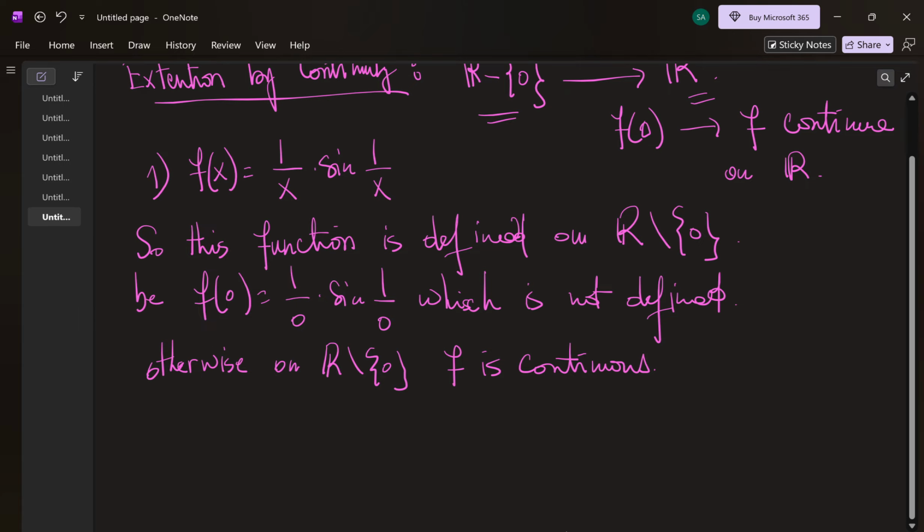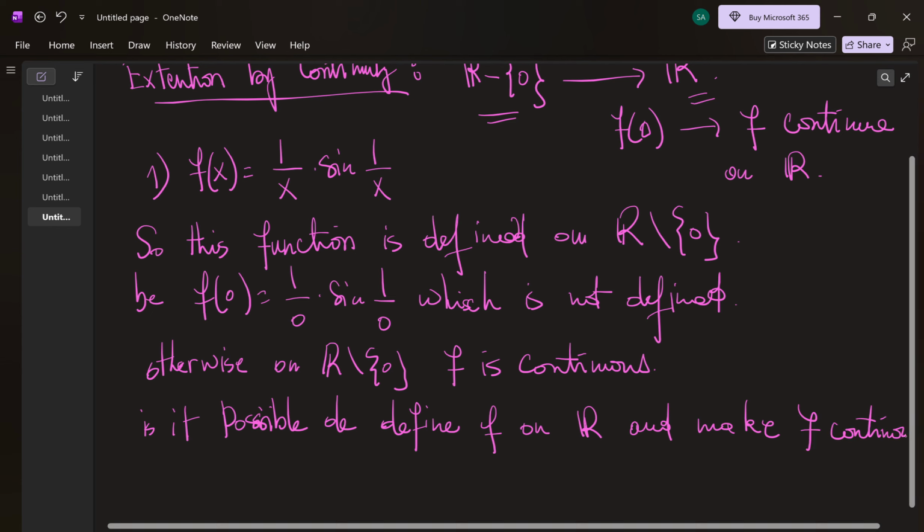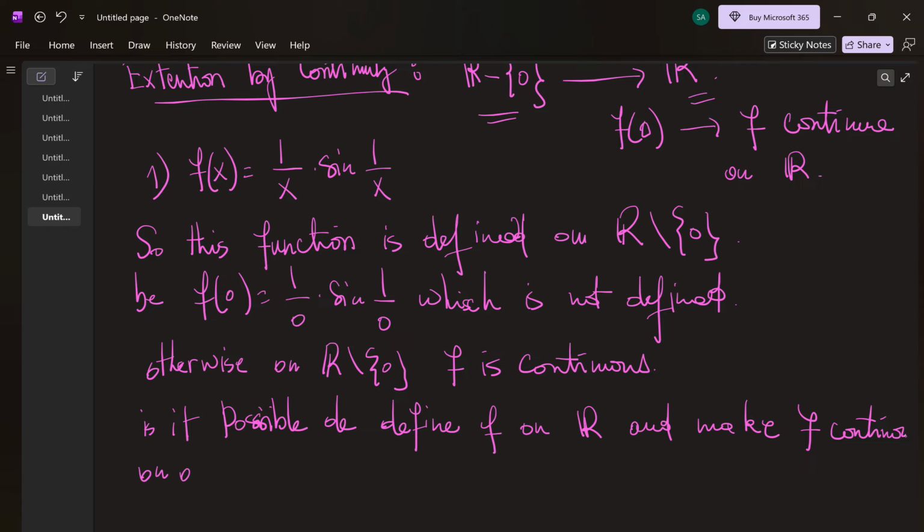So the question is: is it possible to define f on R and make f continuous on all R?